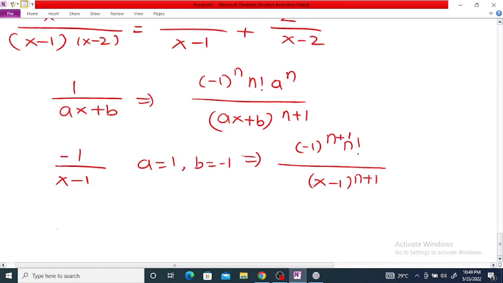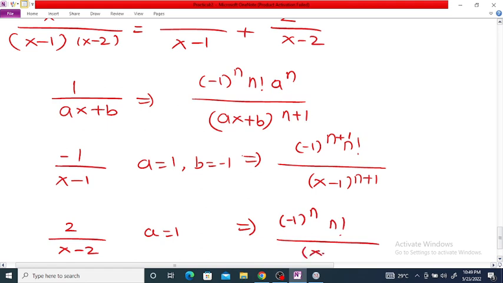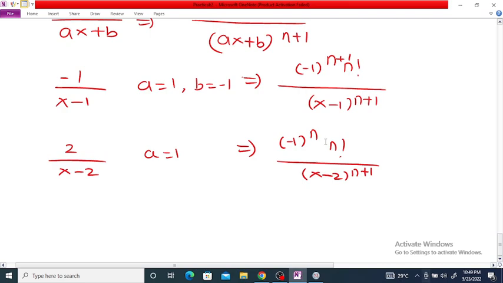So we multiply by the minus sign. And 2 divided by x minus 2, again here a is 1, b is minus 2, so this is minus 1 raised to n, n factorial divided by x minus 2 raised to n plus 1.